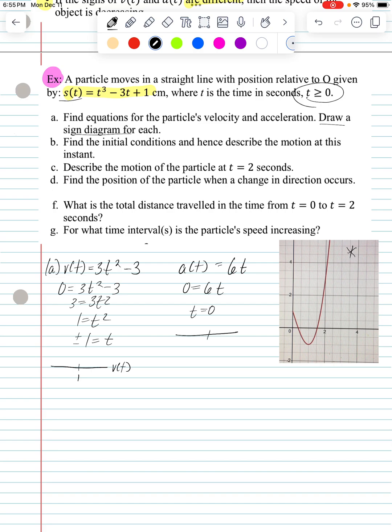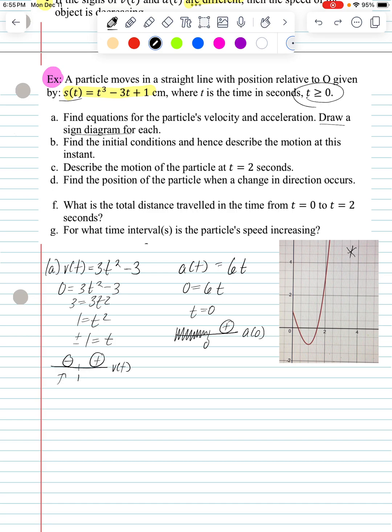So we will test around 0 in the acceleration function. When you do this, what you're going to discover is that a value to the left of 1, so somewhere between 0 and 1, because it does need to be above 0, is going to give us a negative. And then above is going to give us a positive. In the acceleration function, the region below 0 does not exist in the domain, so I'm not even going to do a sign analysis there. I'm only going to do it above 0, and I would get a positive if I were to input a positive number into the acceleration function.